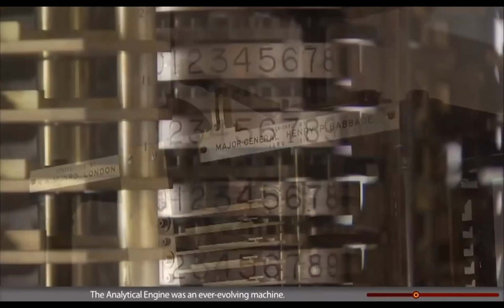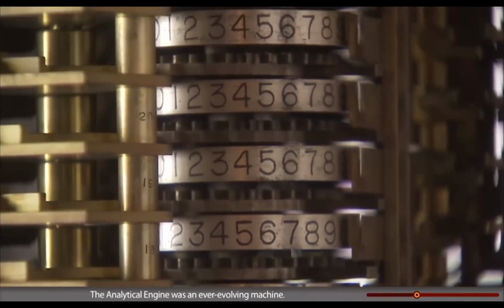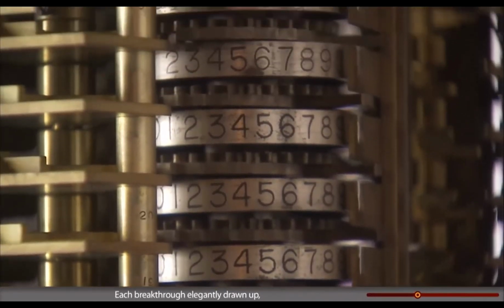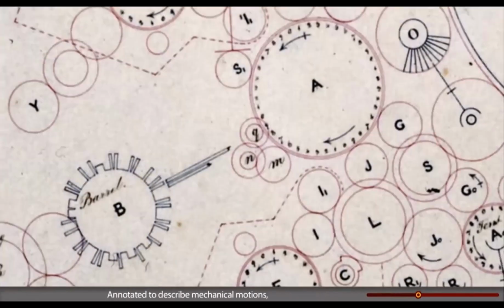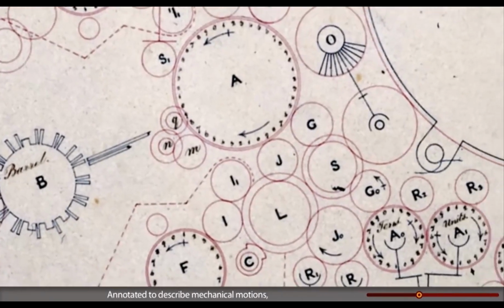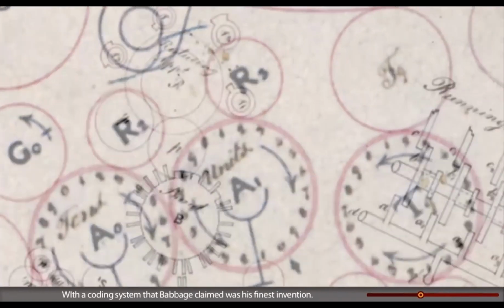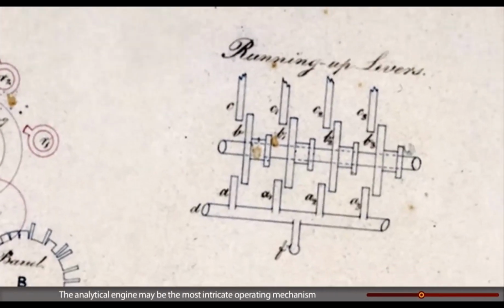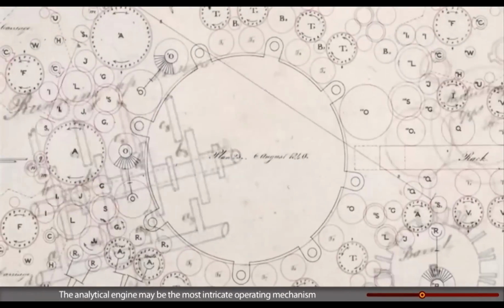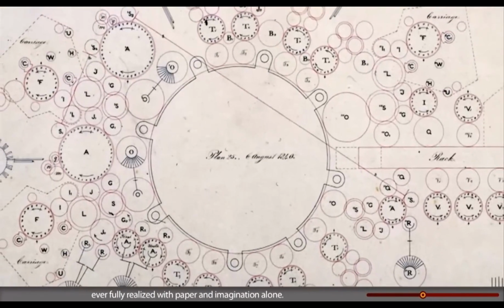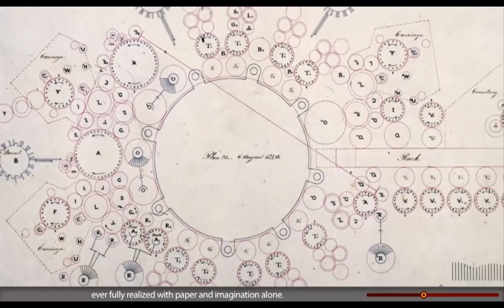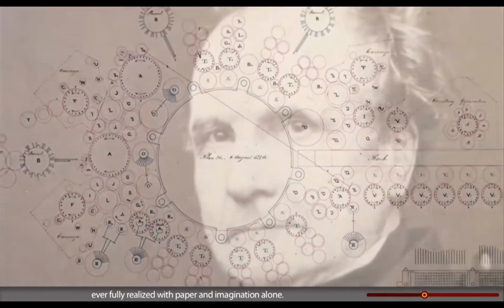The analytical engine was an ever-evolving machine. Each breakthrough elegantly drawn up, annotated to describe mechanical motions with a coding system that Babbage claimed was his finest invention. The analytical engine may be the most intricate operating mechanism ever fully realized with paper and imagination alone.